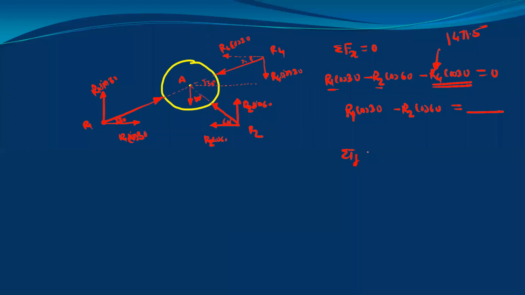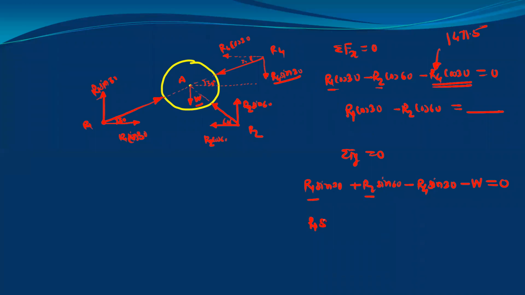Then use summation Fy is equal to 0. For summation Fy, R1 sine 30 plus R2 sine 60 minus R4 sine 30 and minus weight W, okay, this is equal to 0. And from this equation, again you will get one equation in R1 and R2.